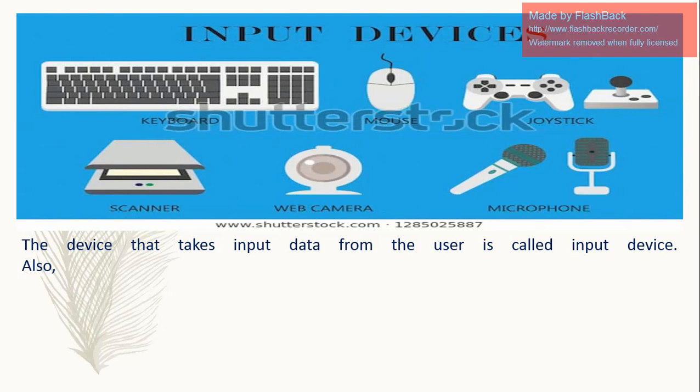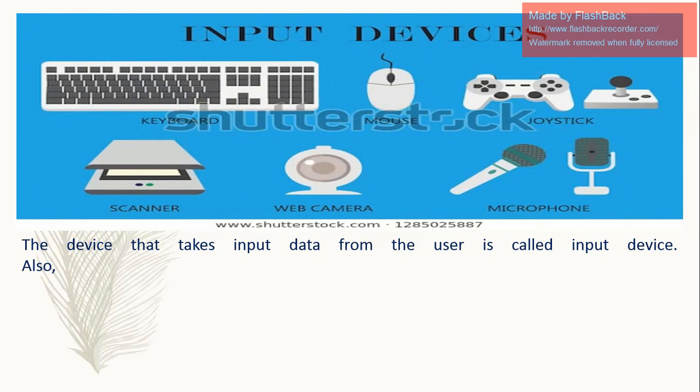Now you have to know about the work of the input device. Whatever work we are going to perform by using the computer should be performed by providing instructions to the computer, and those instructions are provided by using the input devices.